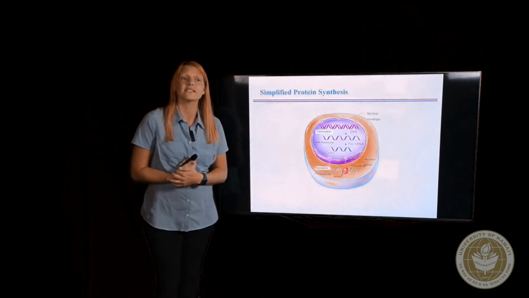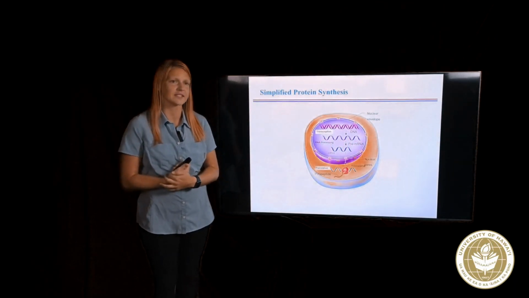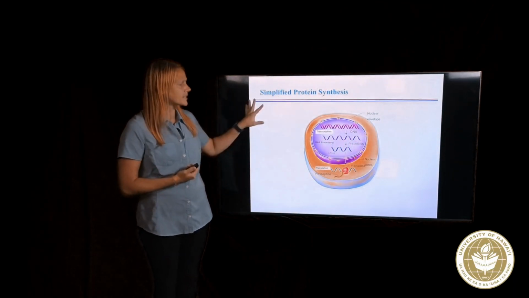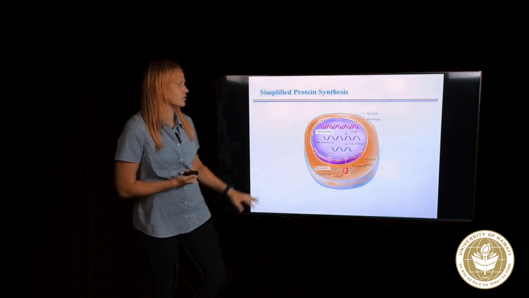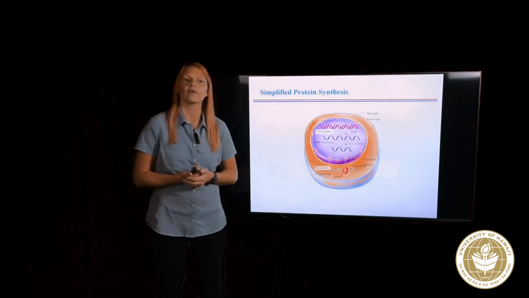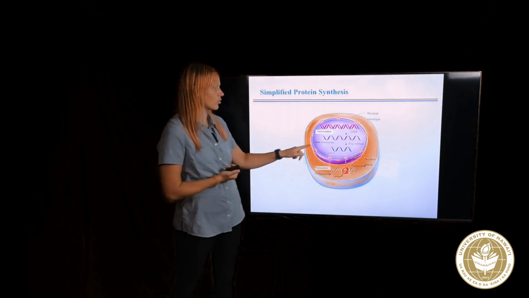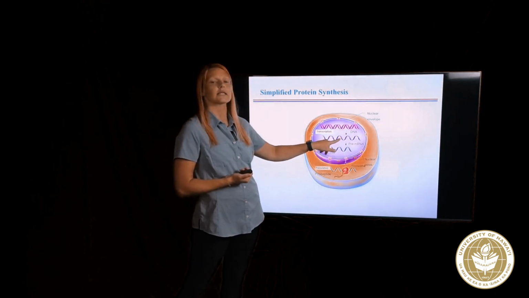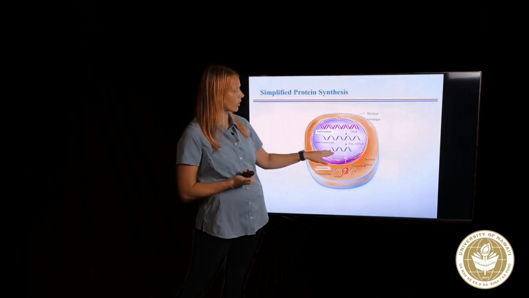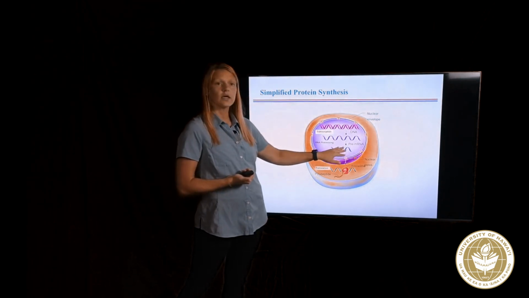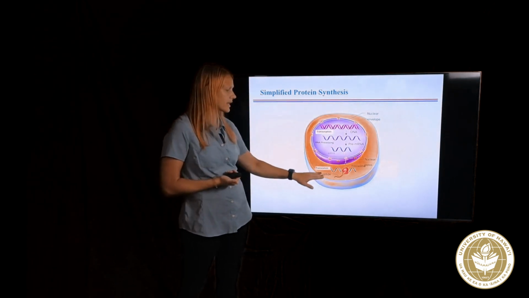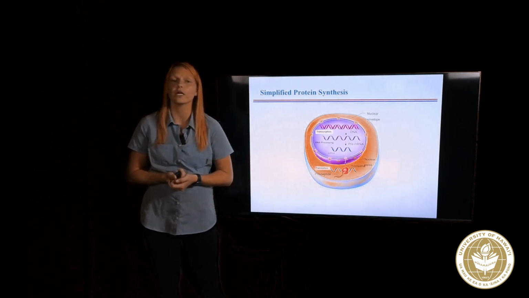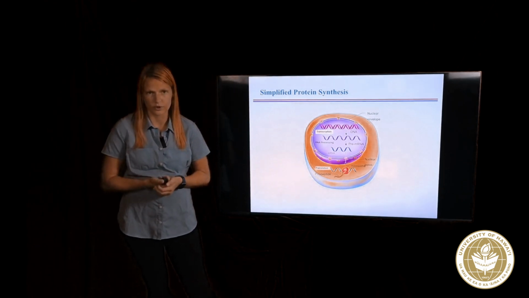So this is kind of a simplified picture of this. Again, protein synthesis occurs in 2 steps. Your transcription, that DNA information is going to be coded into your mRNA. That pre-mRNA has introns and exons, needs to be spliced to form your mRNA. That mRNA then in translation is going to be decoded to assemble your proteins.